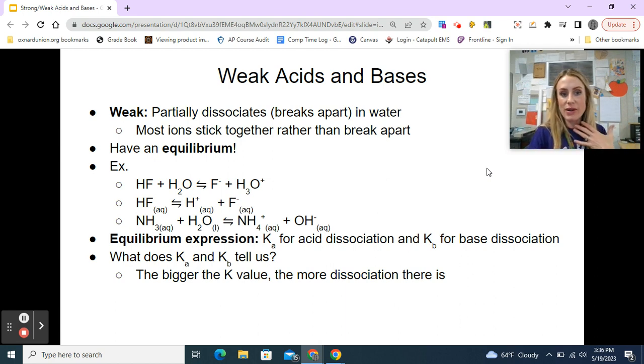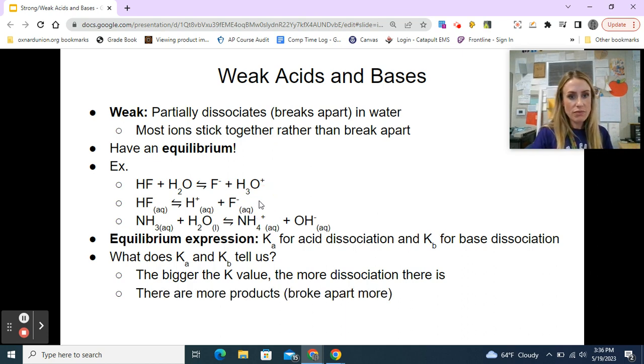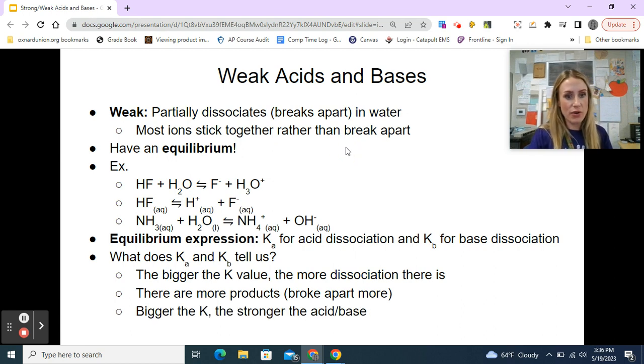We've talked about how, since K is products over reactants, when we have a bigger K value, we have more dissociation here because our products are our ions. So again, the bigger the K value, the more dissociation there is. And like I said, it's because there are more products, so that acid or base has broken apart or dissociated more. So when we have a large K, that means that that's a stronger acid or base.